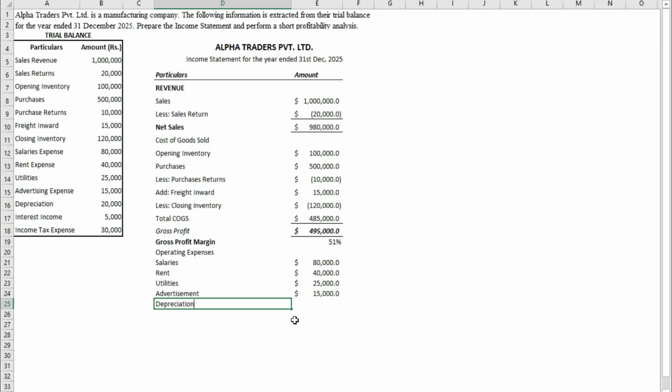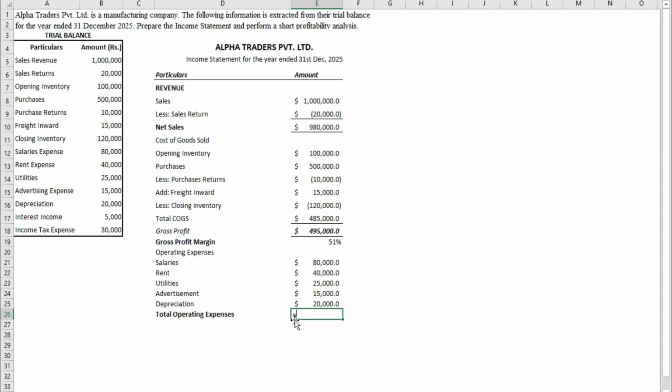You know what depreciation is? Every year our assets decline in their values, so it depends on the percentage. So adding the depreciation, which is 20,000.